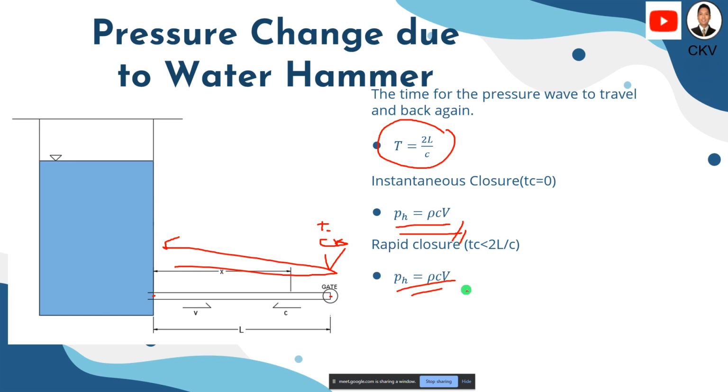That's for rapid closure. So both instantaneous closure and rapid closure, when it comes to time of closing the gate or valve, are a bit faster.